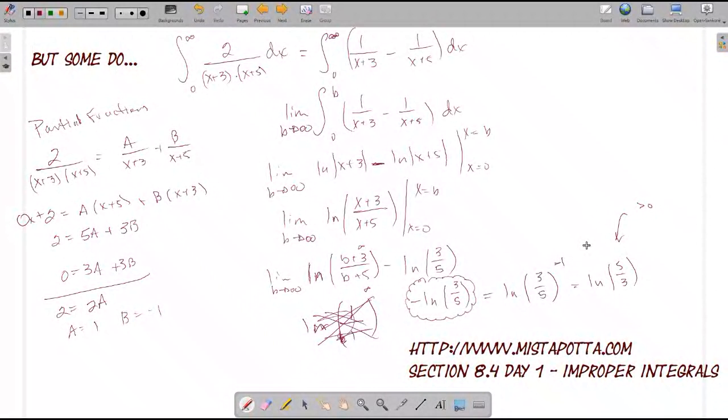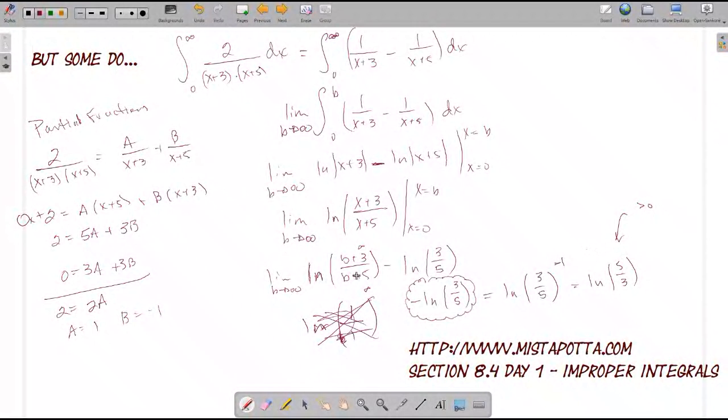I'm still looking over these old techniques, and so I'm bringing back some of the techniques that we talked about back in chapter 6, how we find these antiderivatives of more complex functions, as a review. But we're still looking at it from the purview of an integral that involves infinity, a limit that involves infinity.